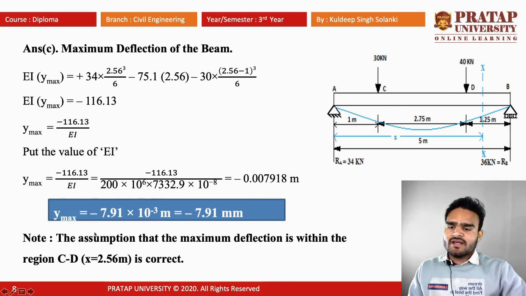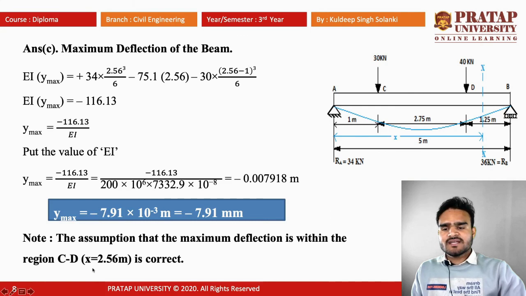And our assumption that the maximum deflection is within the region CD, at x equal to 2.56 meter, is correct. So maximum deflection occurs at 2.56 meter, and at 2.56 meter slope is 0 and deflection will be maximum. So our assumption is correct.